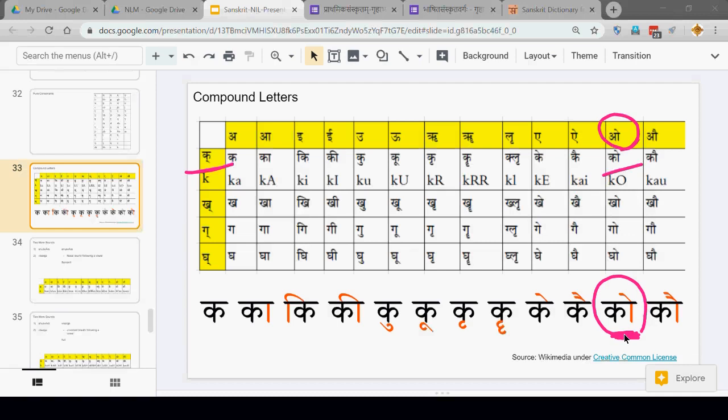But this time, the top slant line is touching the added vertical line instead of the base letter. If you touch the base letter, then it becomes K. This sound is added, K. But if this touches the vertical line after that, then it becomes Ko.